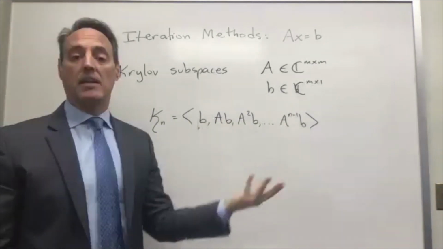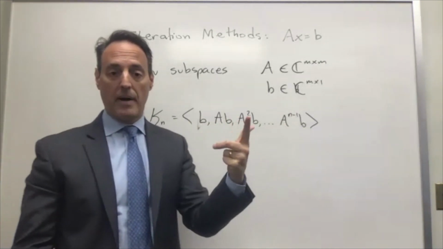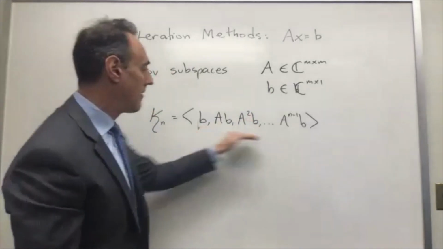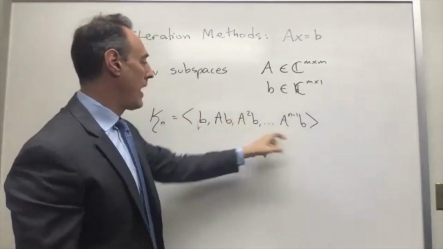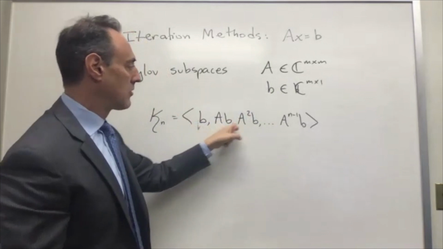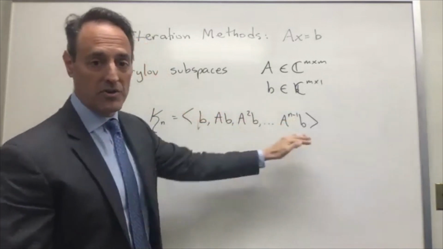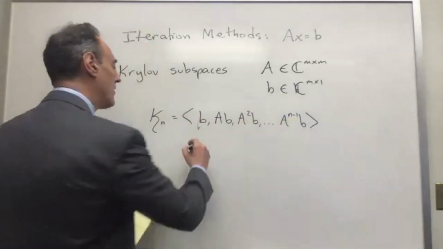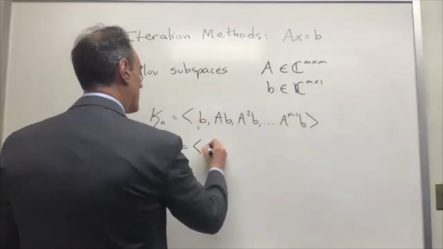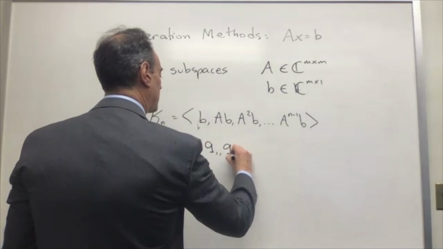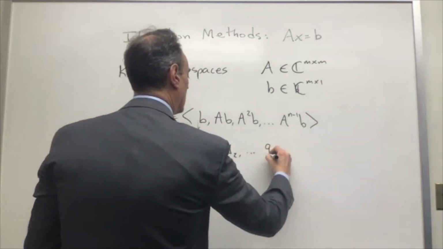How I'm going to take advantage of them. But the other thing you know about this Krylov subspace, since I have these n directions, right? First direction, second direction, all the way to n minus 1. I started with n equals 0, so there's n of them total. I could, in fact, span this with a set of vectors that are orthonormal.